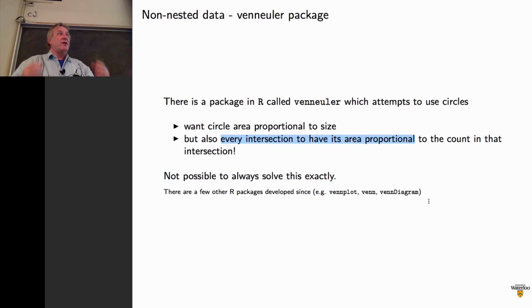Clearly it's constrained. You're not going to be able to do that exactly. But you might get close. Okay? There are several other more recent packages in R, including one developed locally called Venplot that tries to solve this problem, and I think all are an improvement on Venn Euler. But Venn Euler is the thing that started it, so I wanted to highlight it.